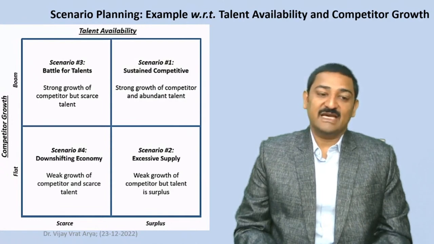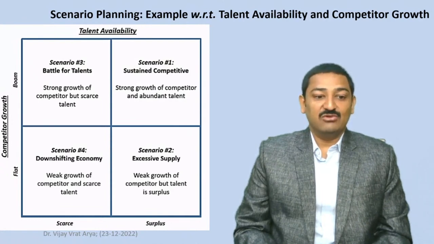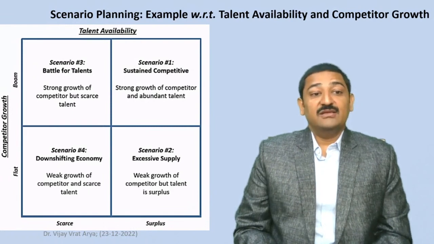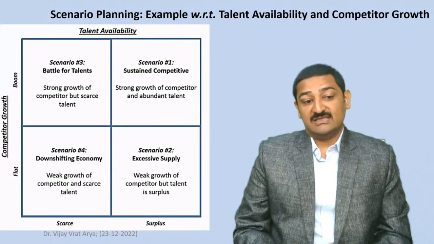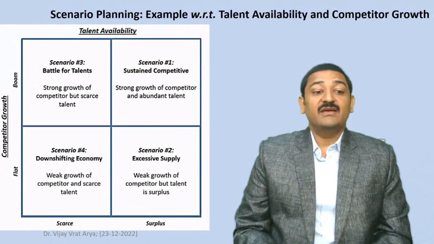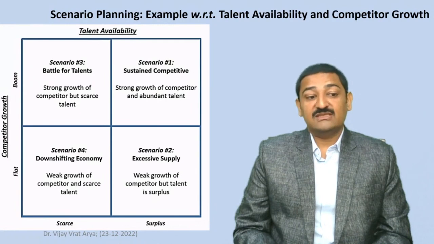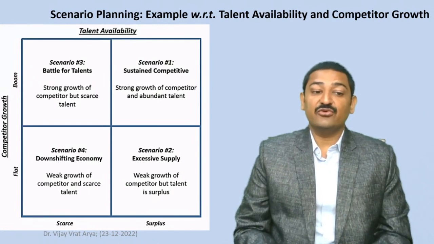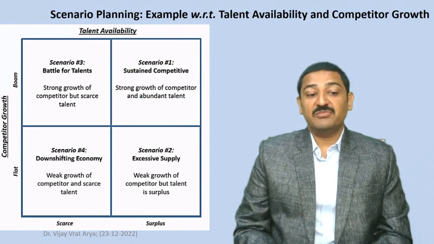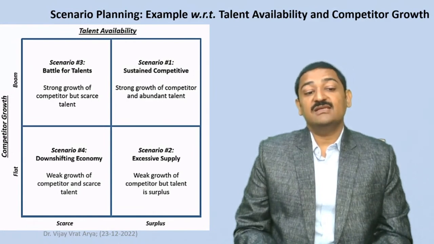And the last scenario is about downshifting economy, where the talent availability is again short, means scarce, and at the same time, the competitor growth is again very weak. So in this case, we can interpret scenario four as the weak growth of competitor as well as the scarce talent.